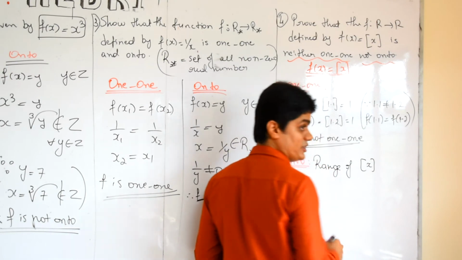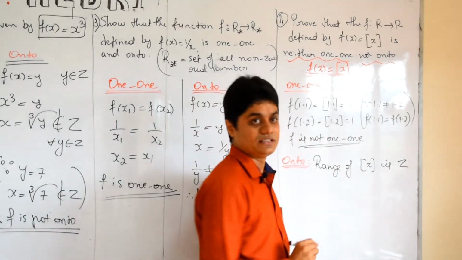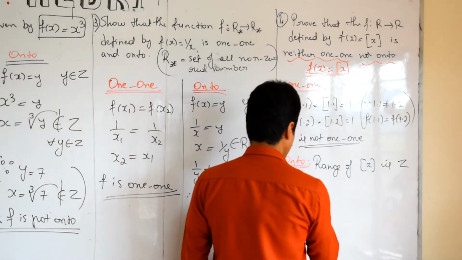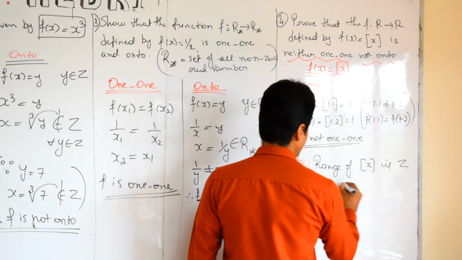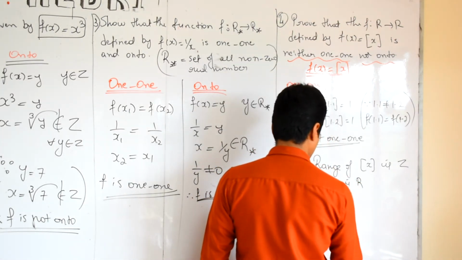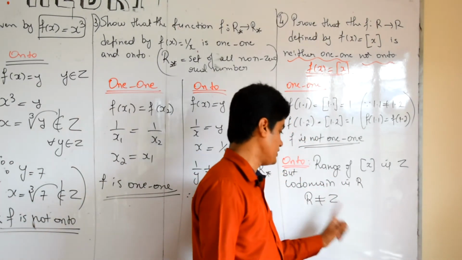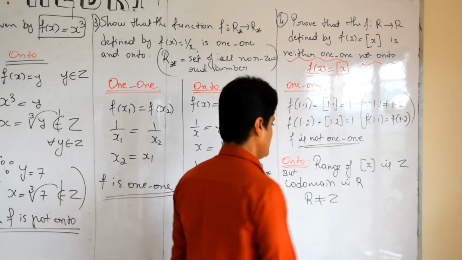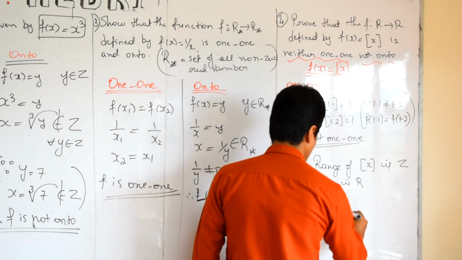The output is Z. Range is Z. But what is the codomain of this function? The codomain is R. Now R is not equal to Z, because Z is smaller compared to the set of all real numbers. So in conclusion, range is not equal to codomain.